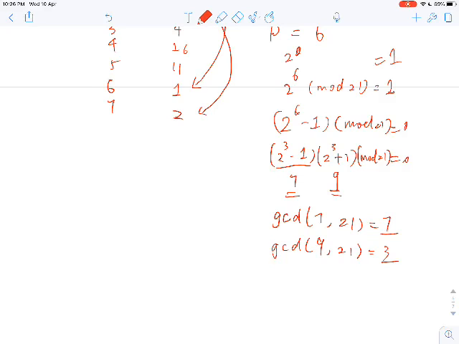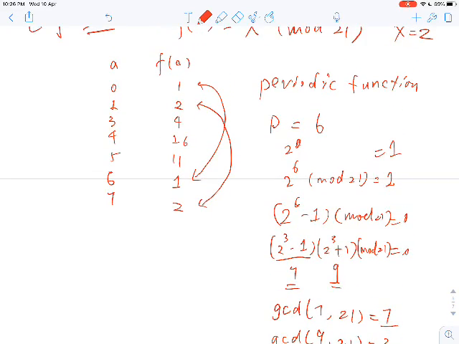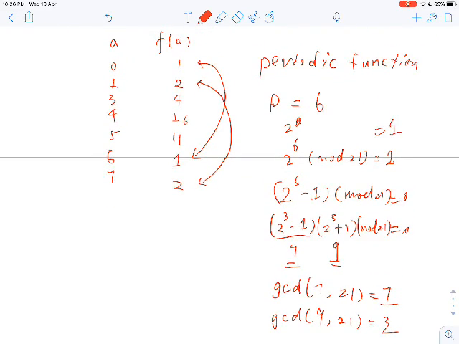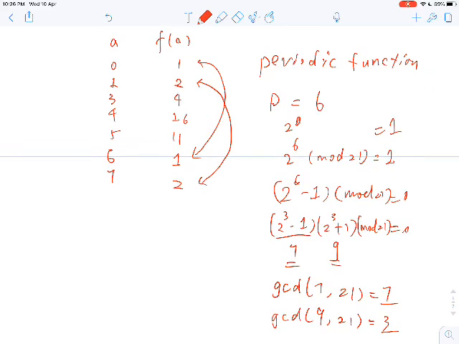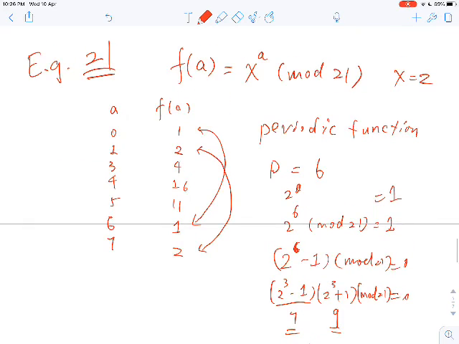And this is traditionally what we are doing to factorize a number. And we should try many times to find a good period. Like for x is 2, we found the period is 6.